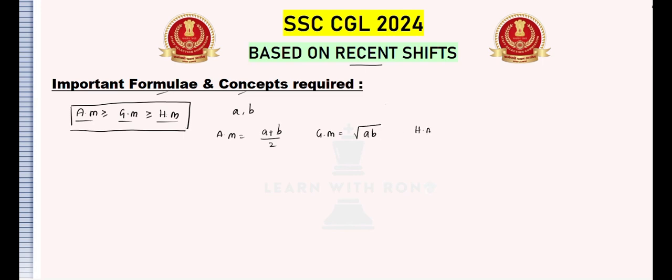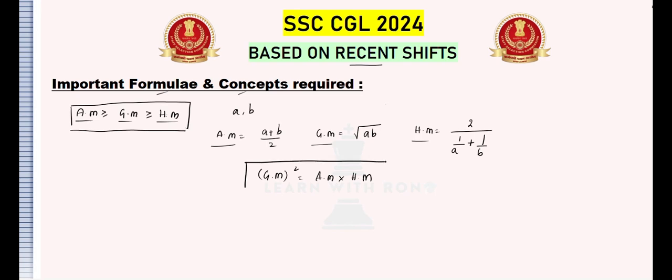Harmonic mean is nothing but 2 divided by (1/a plus 1/b). Okay, and you also need to know the relation between arithmetic mean, geometric mean and harmonic mean, which is geometric mean squared equals arithmetic mean multiplied by harmonic mean. So remember this formula and this identity.